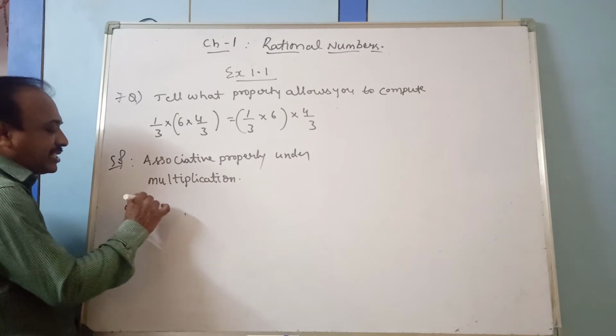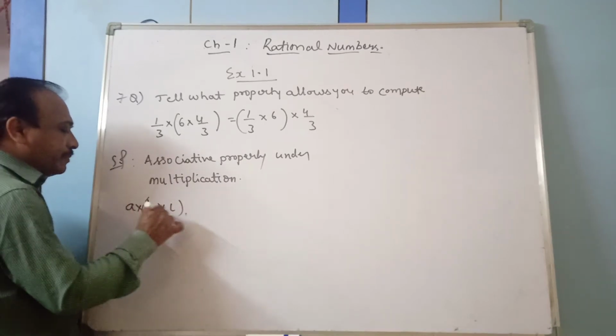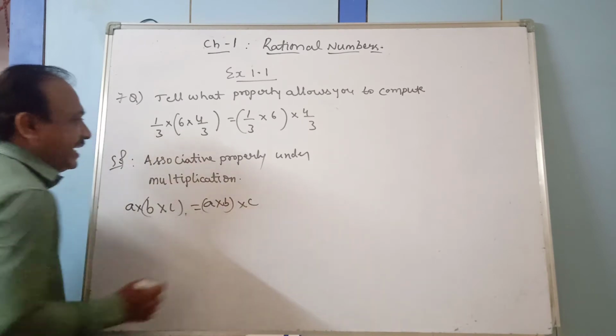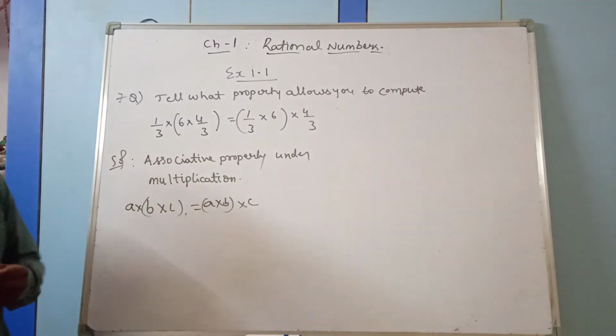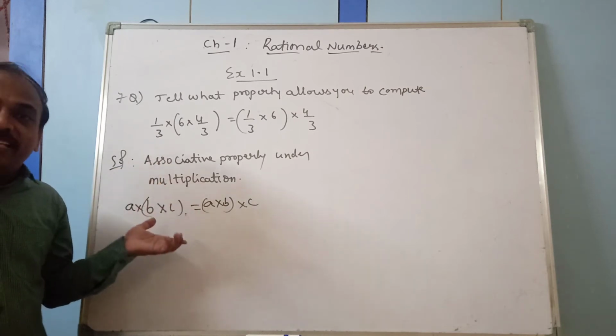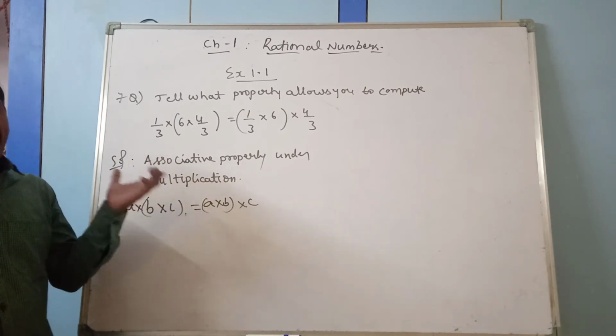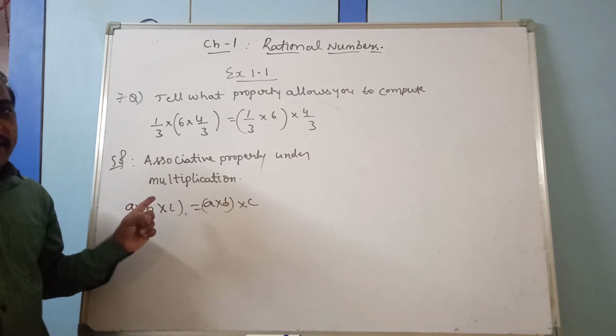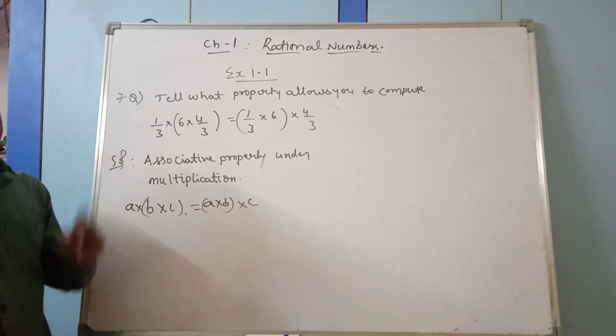That is associative property. He didn't ask you to calculate. He is asking which property is this? It is associative property. Is it clear?